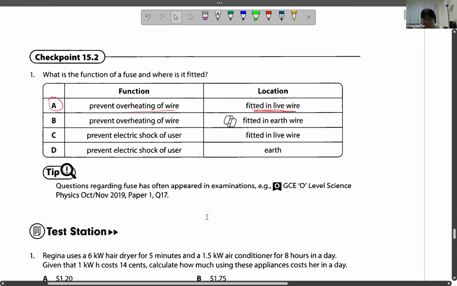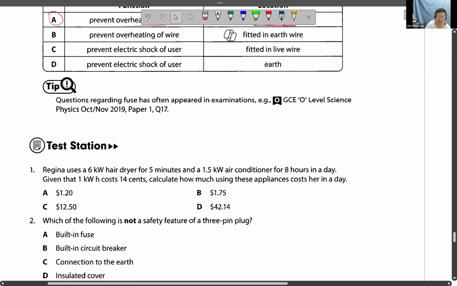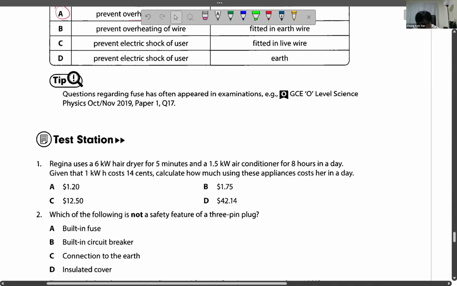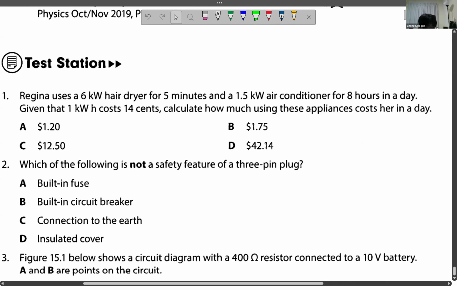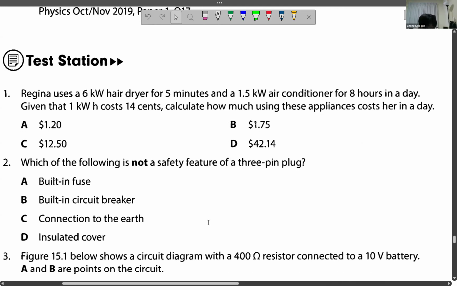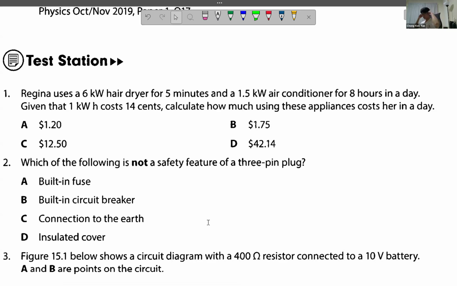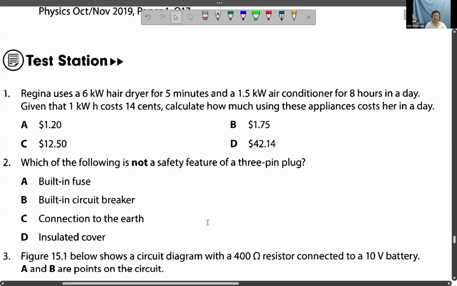Okay, let's go at this one. Can you try this question? Do you have a calculator?